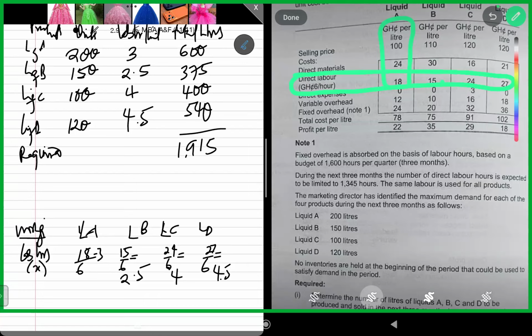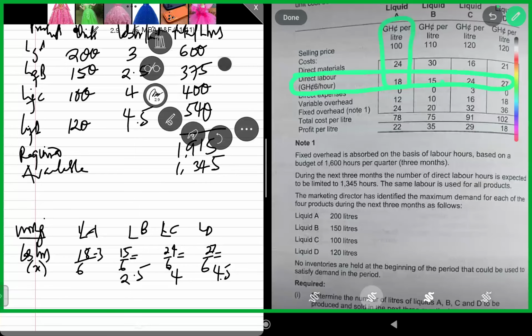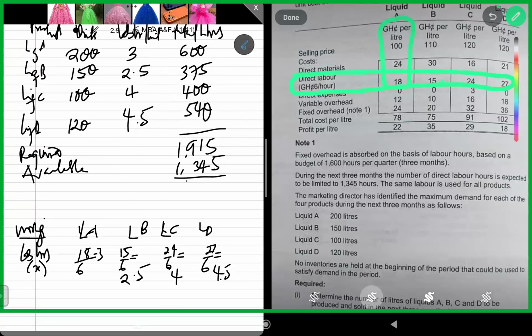So how many hours are available? What do we have now? The question says we have 1,345. So the difference, how many more do we need? The difference is 570.